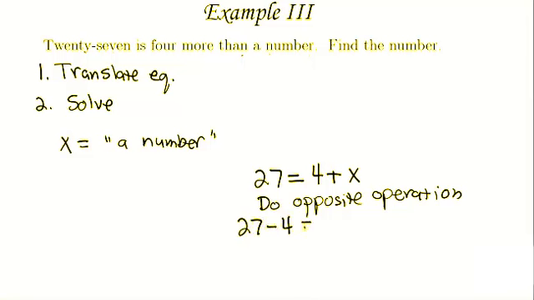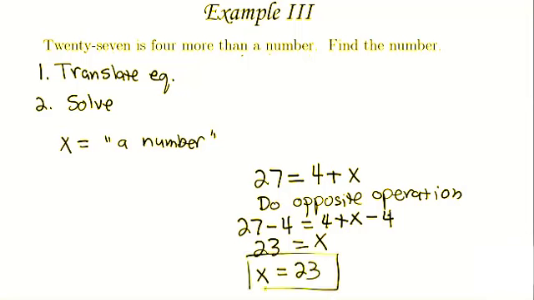27 minus 4 equals 4 plus x minus 4. 27 minus 4 is 23 equals, the 4's cancel out, leaving me with x. 23 equals x is the answer, but by convention, we usually write the variable on the left side. So I'm just going to switch this around so that it looks a little nicer, but it's the same thing.